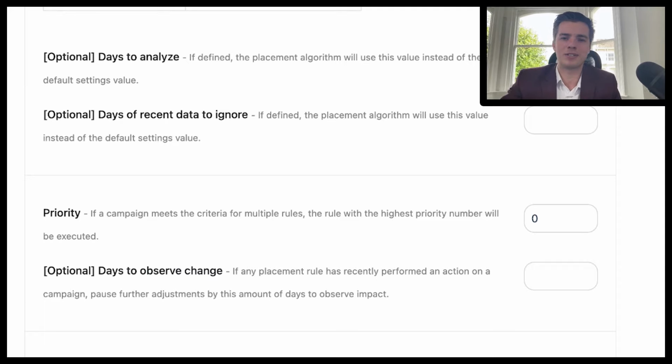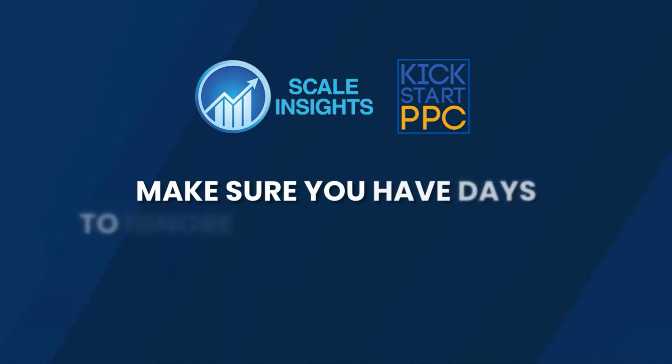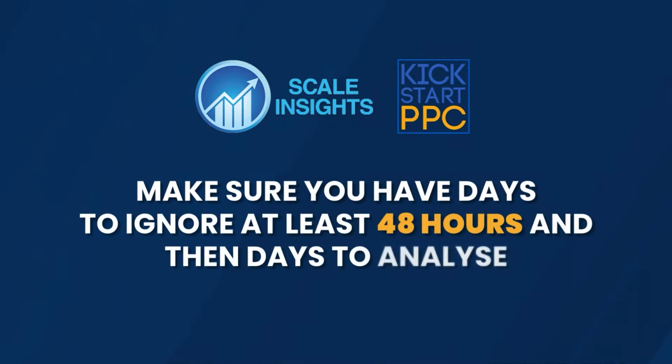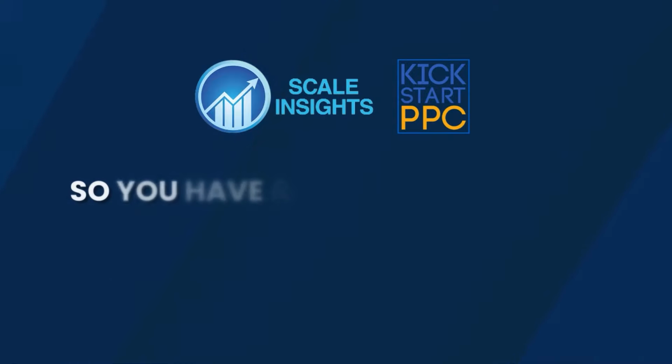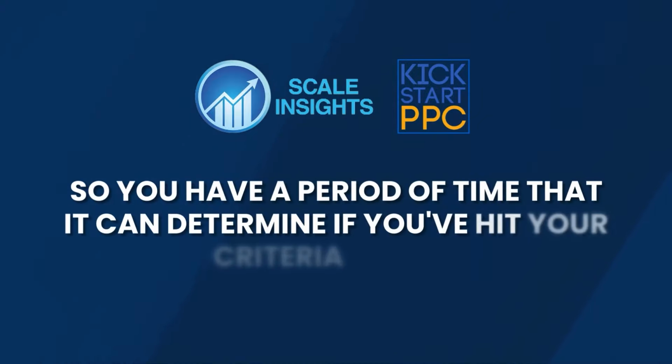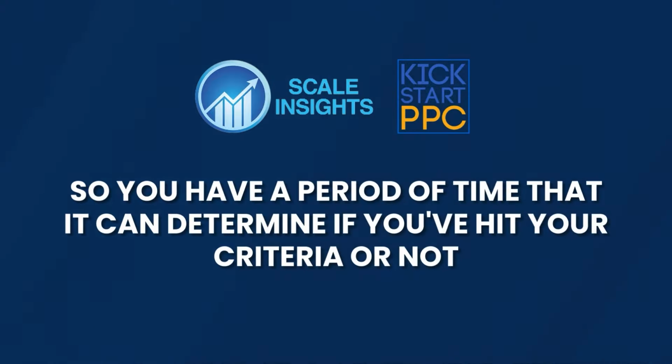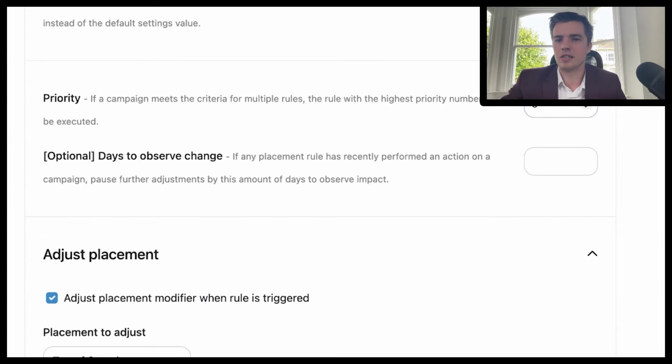But if you're doing it based on the daily conversion rate, that can be quite dangerous. So make sure you have days to ignore, at least 48 hours, and then days to analyze. So you have a period of time that it can determine if you've hit your criteria or not. So obviously put it as a priority if you want to. And on here, you can add days to observe.